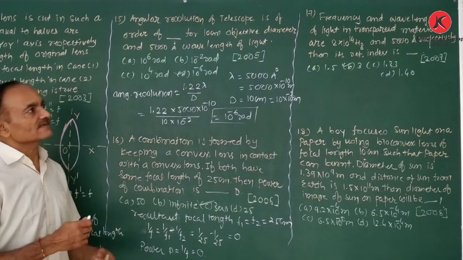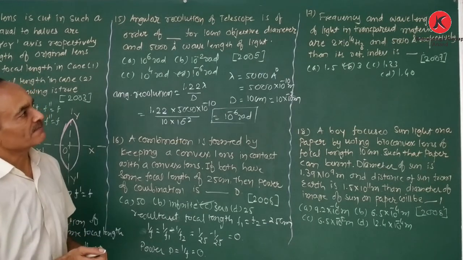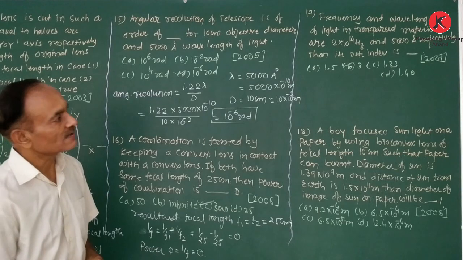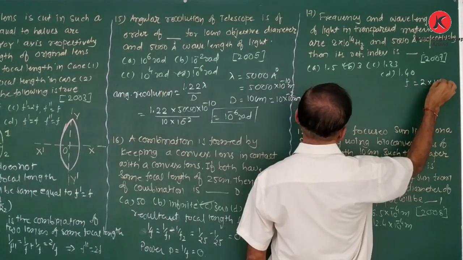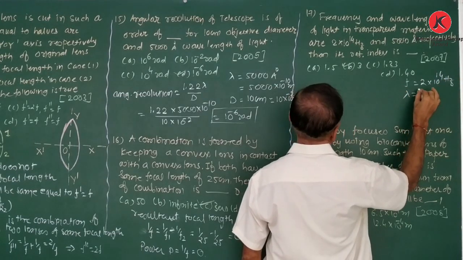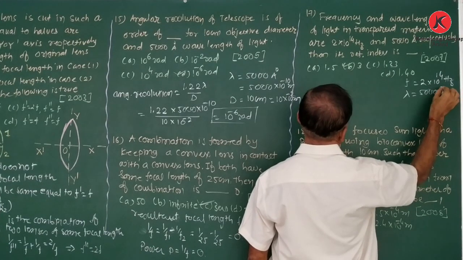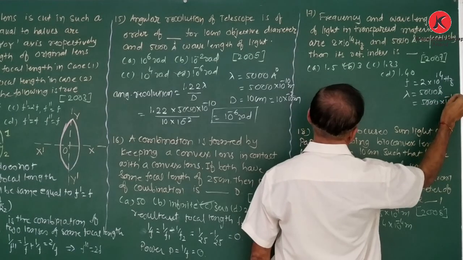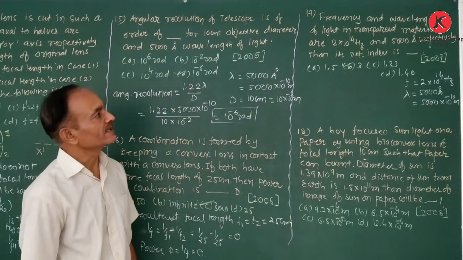After that, the next question is that frequency and wavelength of light in transparent material are 2 raised to 14 Hz and 5000 angstrom. Frequency is given 2 into 10 raised to 14 Hz. And wavelength lambda is 5000 angstrom. Therefore, 5000 into 10 is to minus 10 meter.